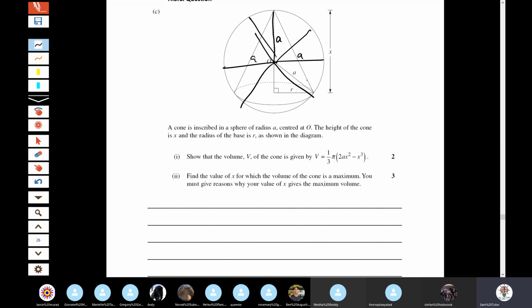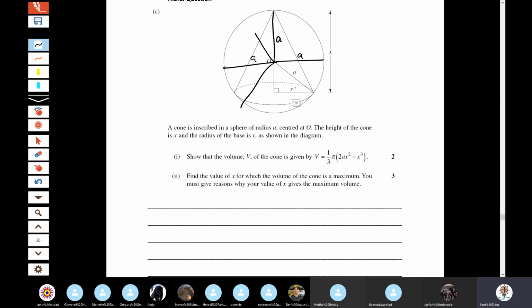A lot of people don't see that. Next time you see a question with a sphere, keep in mind that's the logic you'll need. You'll need it somewhere else.